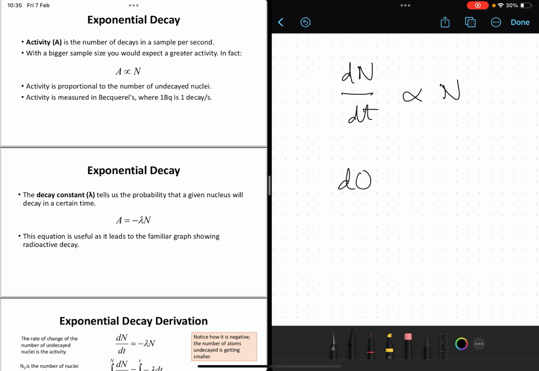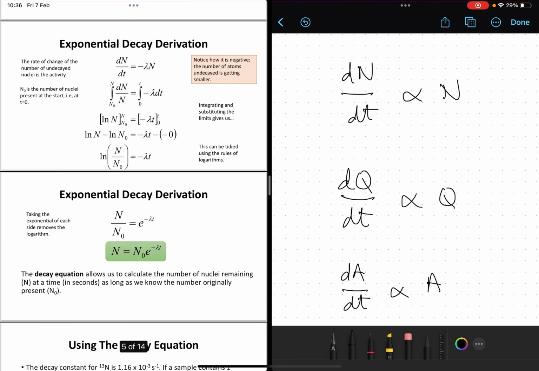So when we were talking about capacitors, the rate of charge or discharge on a capacitor was directly proportional to the charge present on the plates at that moment in time. When we were talking about the amplitude of a simple harmonic motion oscillator, the rate at which that amplitude was changing was dependent on the amplitude at that point in time.